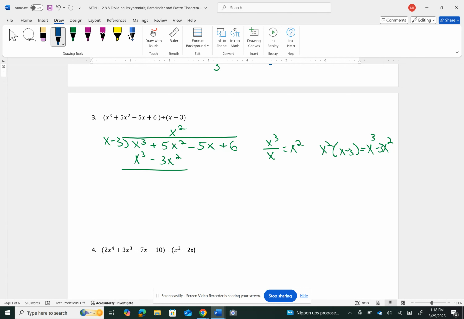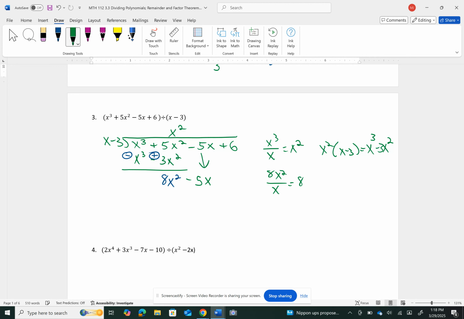The tricky step is the subtraction step. I recommend you change the signs and then add straight down, so that x to the third and the negative x to the third cancels out, but here we have an 8x squared. At that point, I'm going to bring down the next term, and I'm going to go again. So now I'm going to be taking the 8x squared and dividing it by x.